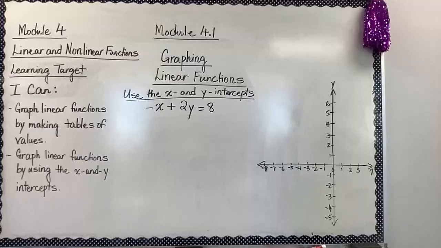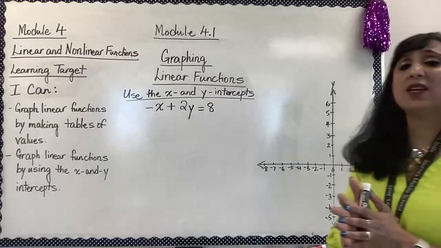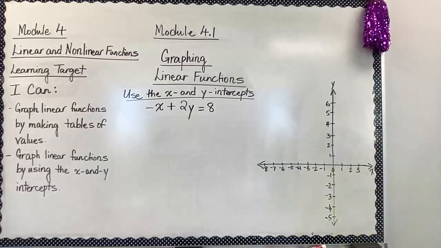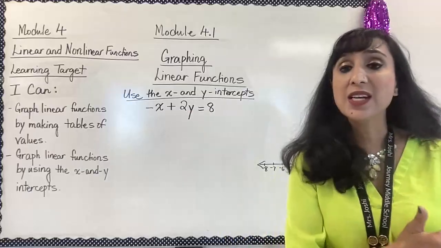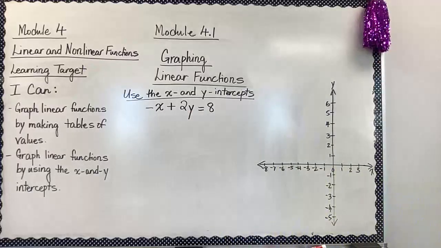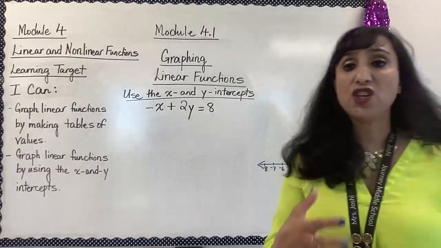You can graph a linear function given only 2 points on the line. So using the x and y intercepts, we can plot those points because they are easy to find, and then we just connect with a line. And so the two intercepts provide the ordered pairs of 2 points through which the graph of the linear function passes.